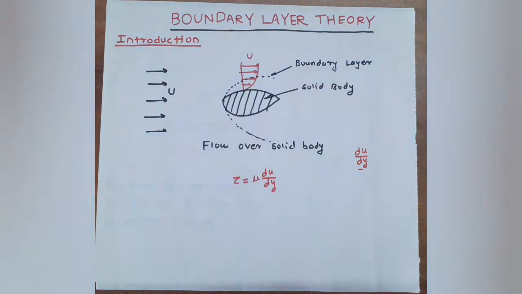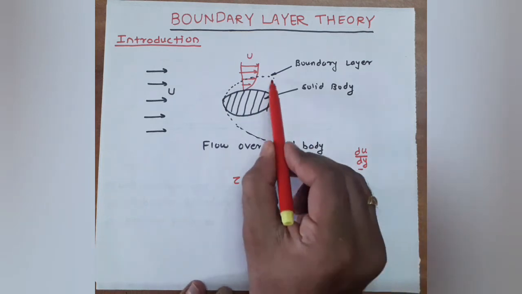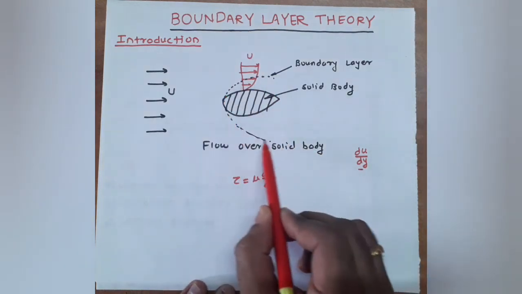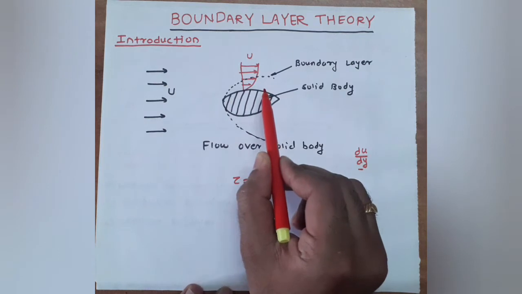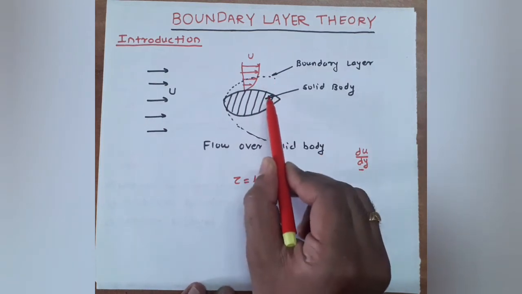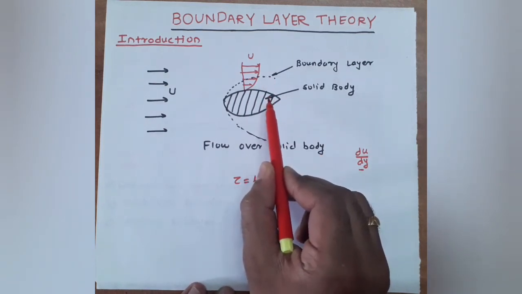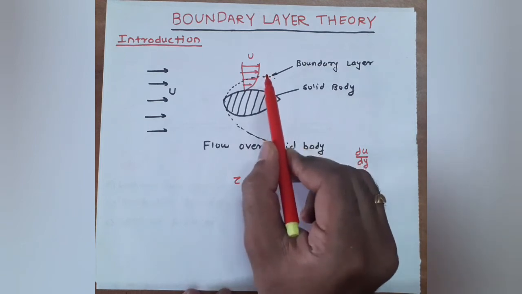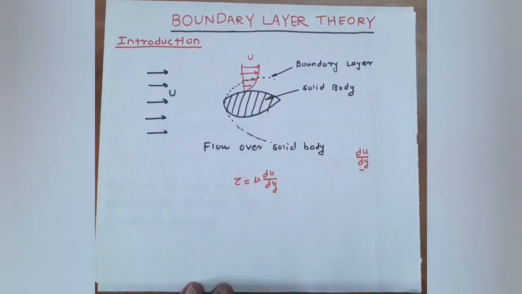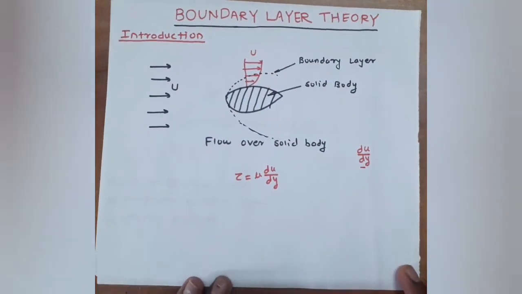So this is the first region, and the second region is the remaining fluid which is outside the boundary layer. You can see that the black dotted curve is for the boundary layer. Below this curve the shear stress or velocity gradient is present, and above it there is no variation of velocity, so the velocity gradient is zero.